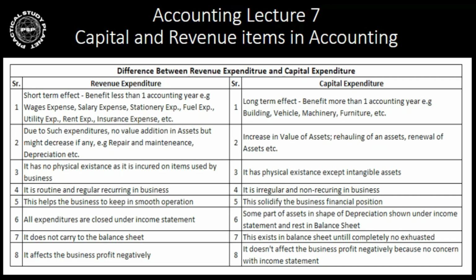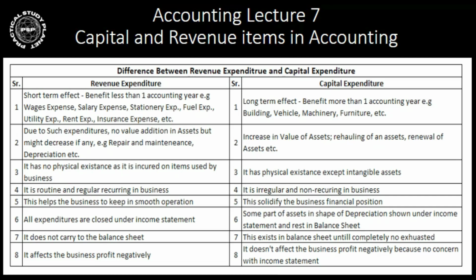For example, the building, vehicle, machinery, furniture, etc. The second difference: due to such expenditures, no value addition in the asset but might decrease, if any. For example, repair and maintenance, depreciation, etc. Whereas the capital expenditure increases the value of assets, like overhauling of assets, renewal of asset, etc.